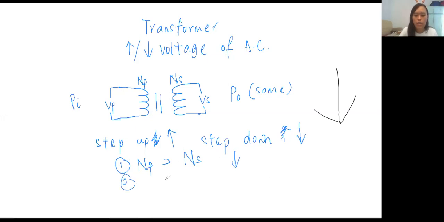If the voltage of your secondary is greater than your primary voltage, correct, it is a step up transformer. Thank you, everyone. So this is what we learned last week.